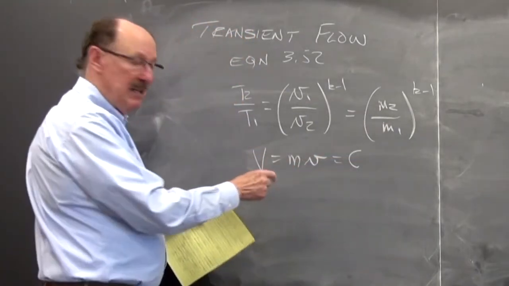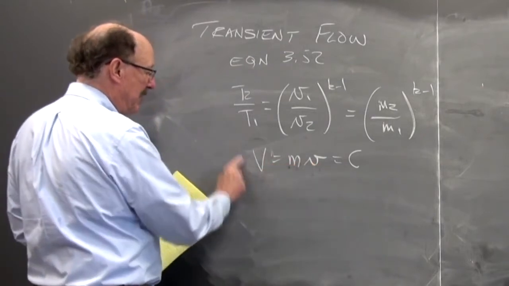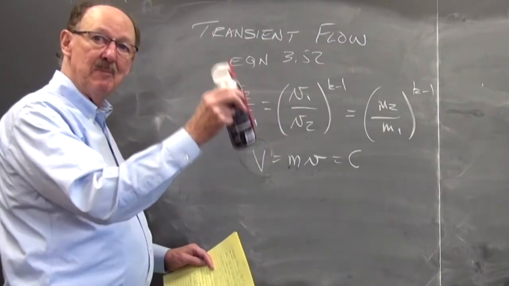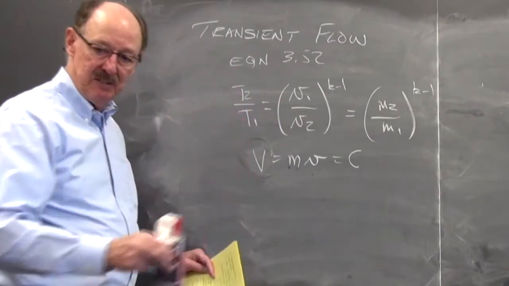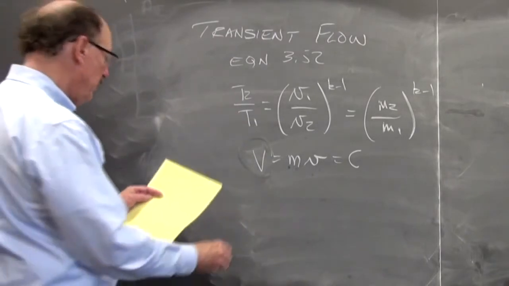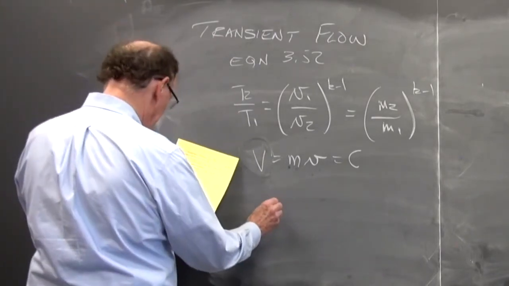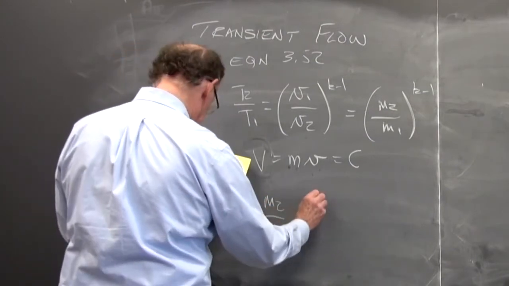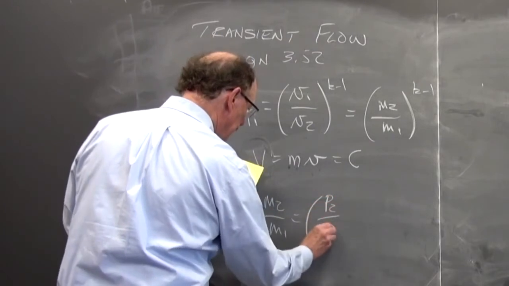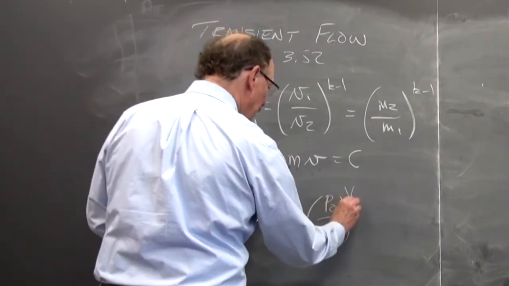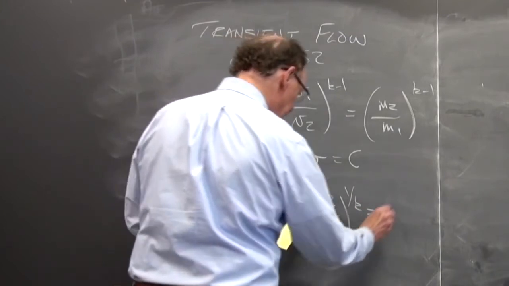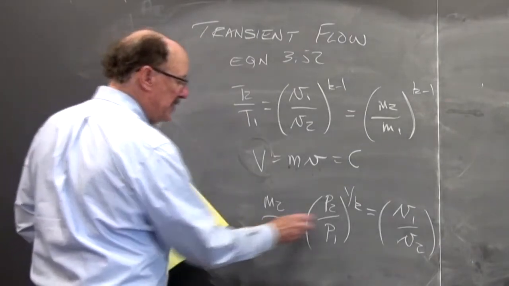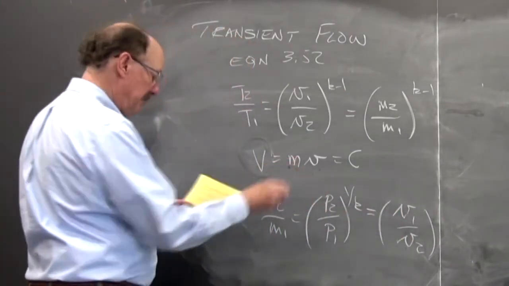So the volume of this container does not change. The mass and the specific volume within it change. And we have the equation as well with mass and pressure and specific volume. And notice that these cross multiply and give us this term.